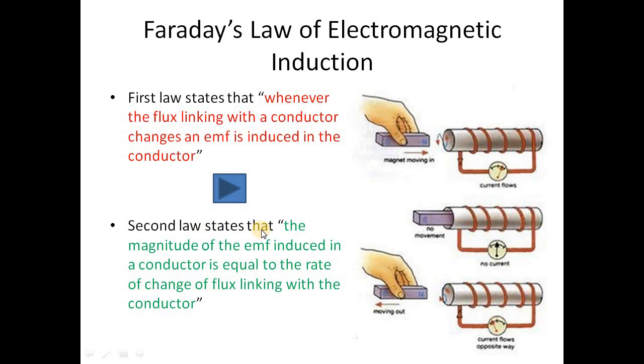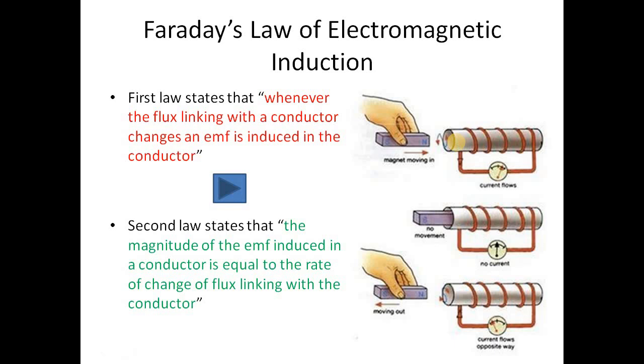The second law states that the magnitude of the EMF induced in a conductor is equal to the rate of change of flux linking with the conductor. As per the first law, whenever a changing flux links with a conductor, an EMF is induced.